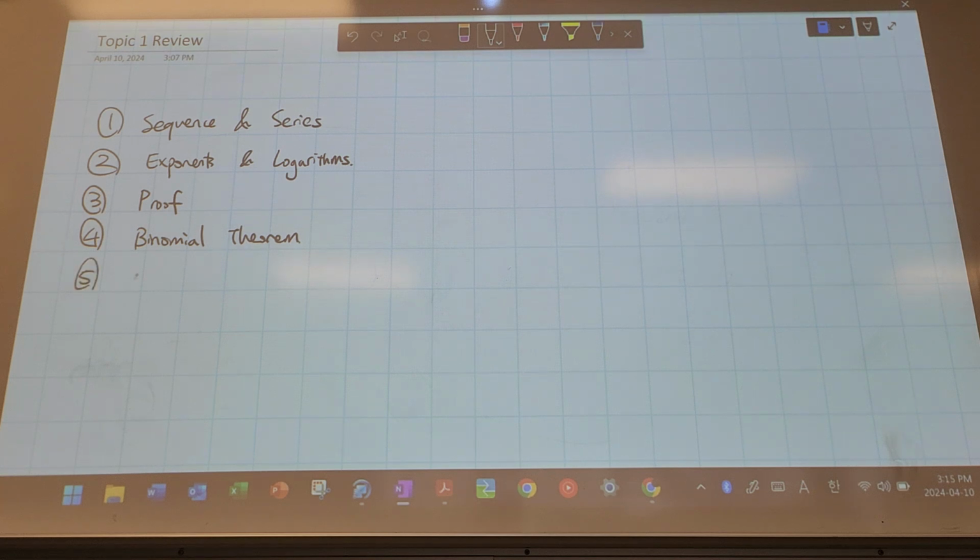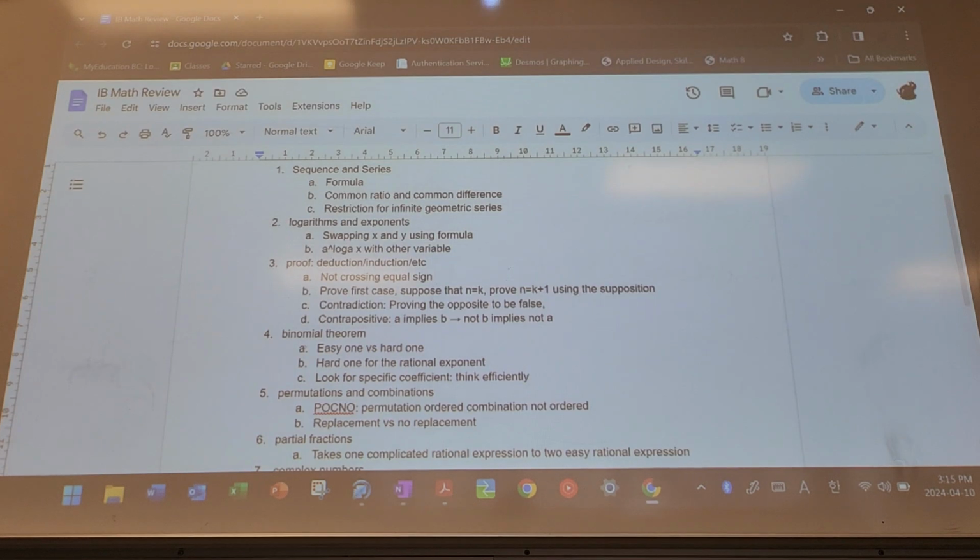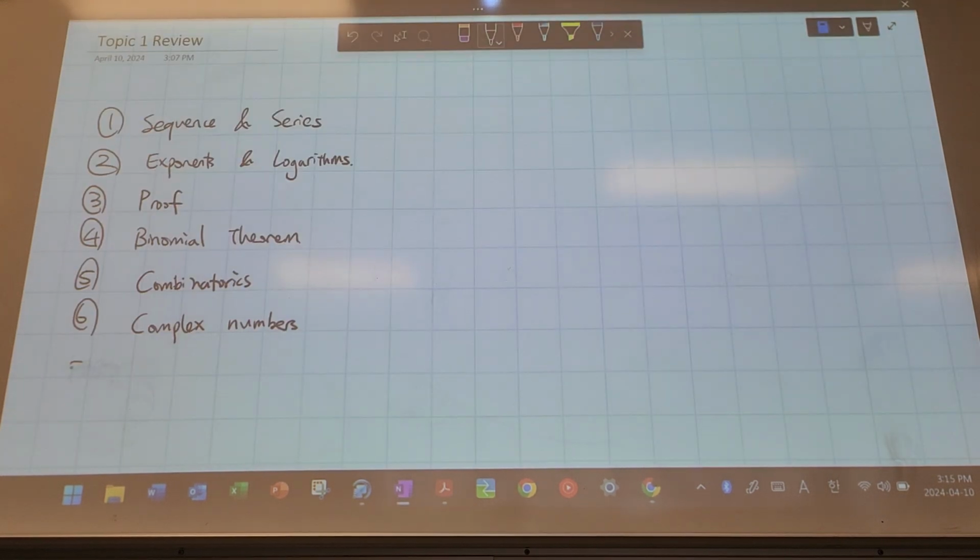We also have permutation or combinatorics. And then the complex numbers. I think I forgot one. Of course, partial fractions.